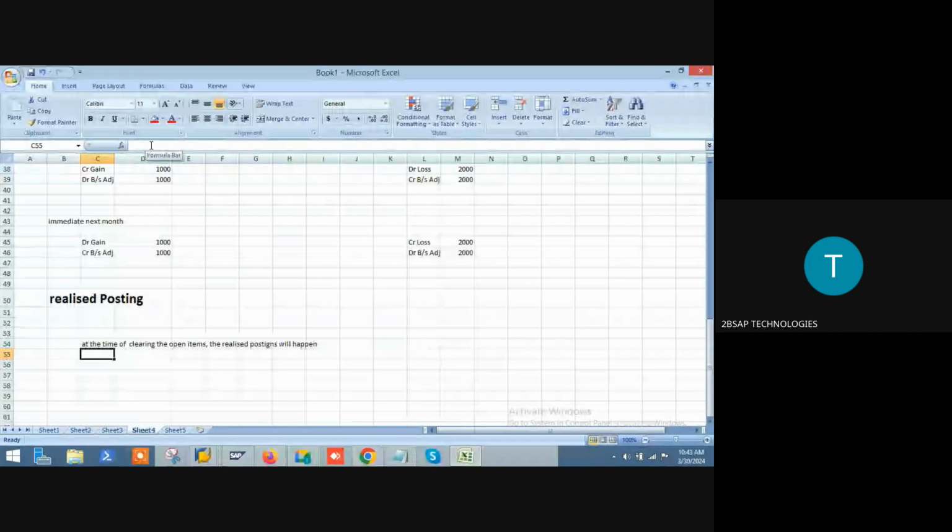Okay. Now assume I'm clearing now and my exchange rate is, assume it as 86. So how will the system behave?